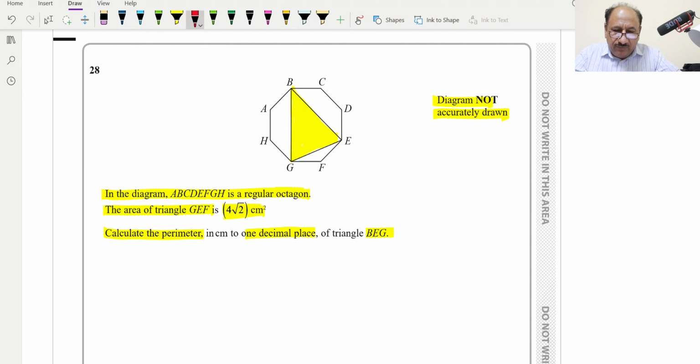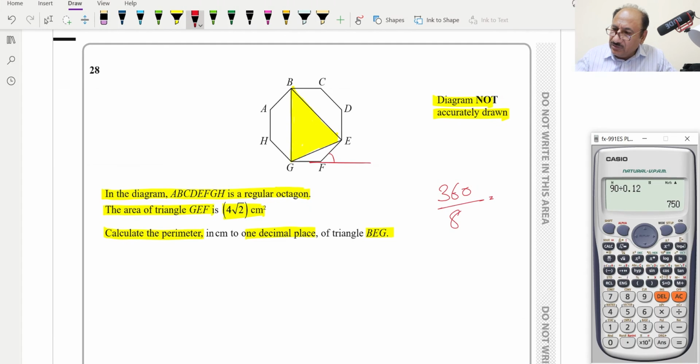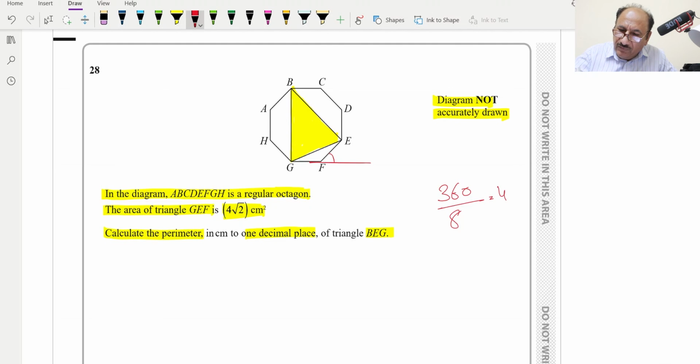If we extend this side, this exterior angle of the octagon, we know it is 360 divided by 8, which is 45 degrees. So this is 45 degrees, and the interior angle will be this one, which is basically 135 degrees.